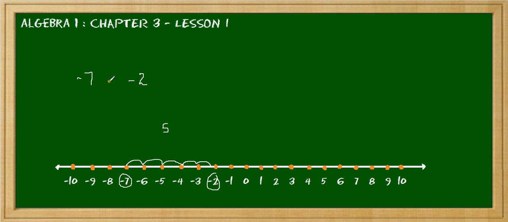And if we were to subtract these two, now we're starting on the negative side, so a value, in terms of value, would be different than just the distance, okay? But we know that there's a relationship of 5 in between negative 7 and negative 2, okay?